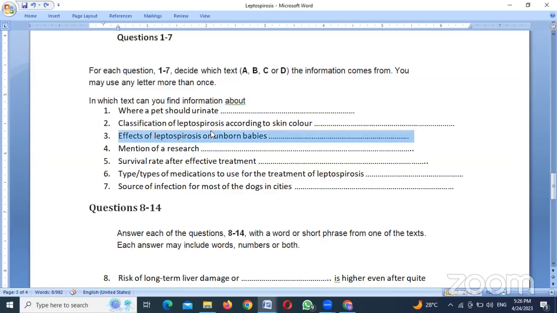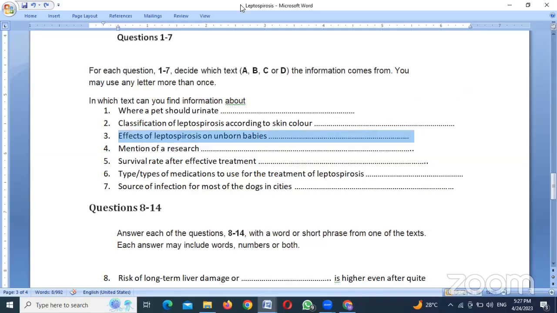Question number 3. In which text is it possible to find the answer? It may be C. Okay, Dr. Manuri, so effects of leptospirosis on unborn babies. Where is it possible to find the answer? It's not like in the last we have management and prevention.